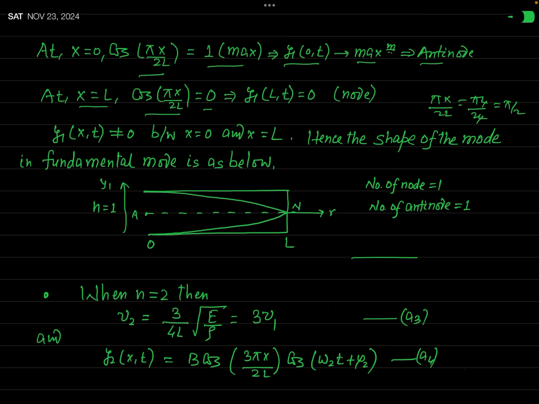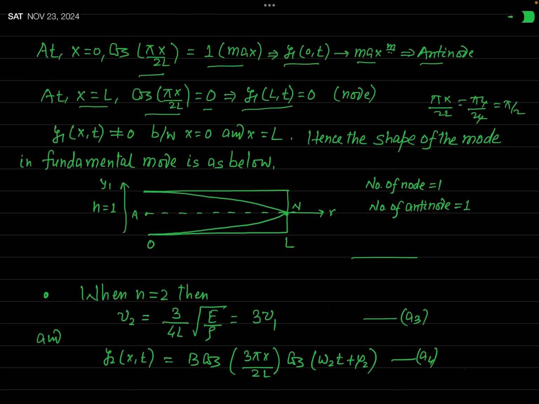And if this cosine function will be 0, y1 will be 0. It means displacement of the particle at the point x equal to L, which is actually the closed end of this tube. At that point, displacement is 0. And the point where displacement of the particle is 0 at all time, permanently it is at its 0 value. That is called node. So in this case, there is an antinode at the open end and a node at the closed end.